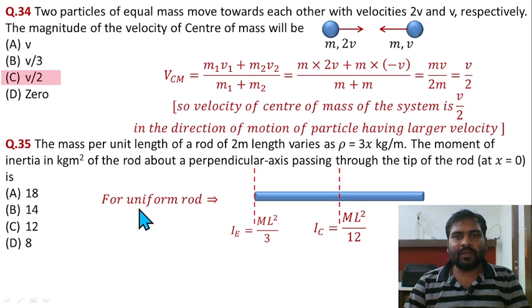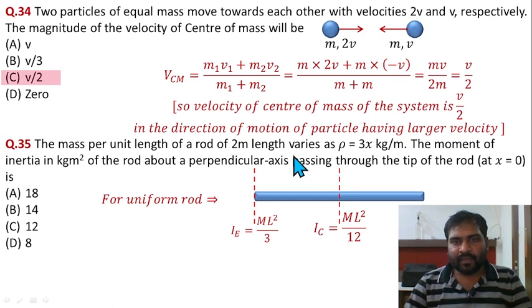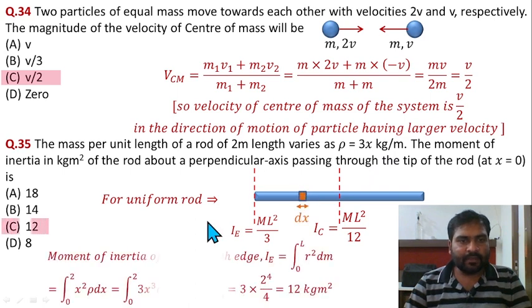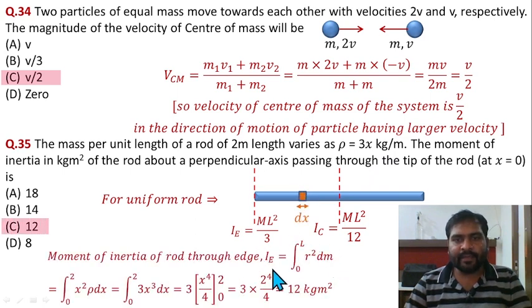For a uniform rod, moment of inertia about center axis passing through middle point equal to ml square by 12 and axis passing through one edge, moment of inertia equal to ml square by 3. But here it is a non-uniform rod and density of rod varies as rho equal to 3x kg per meter. For this case, use this formula I equal to integral 0 to L r square dm.